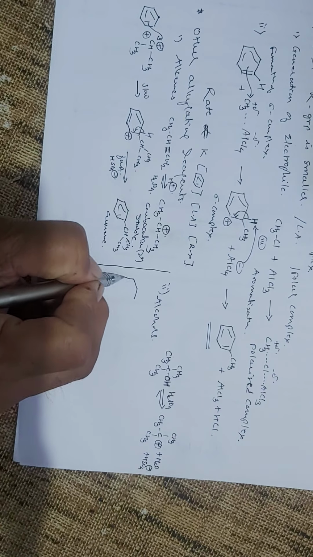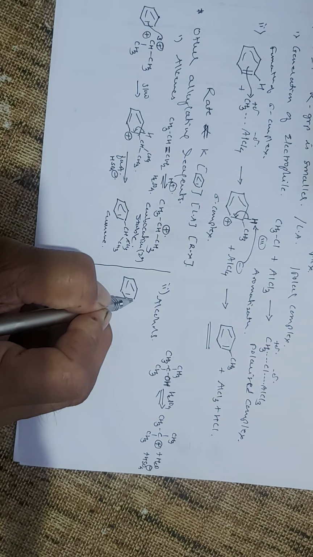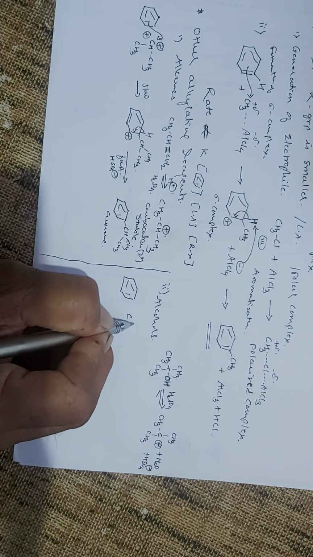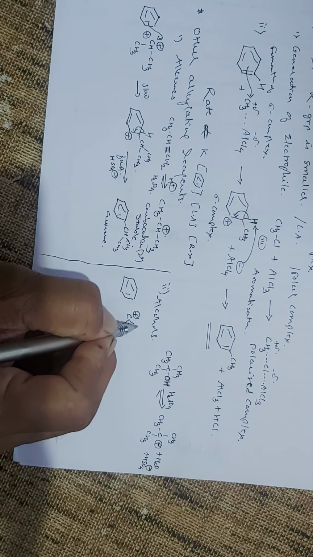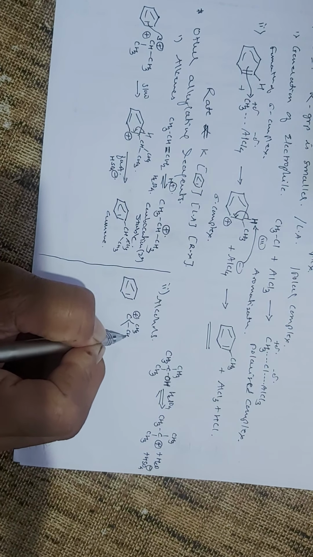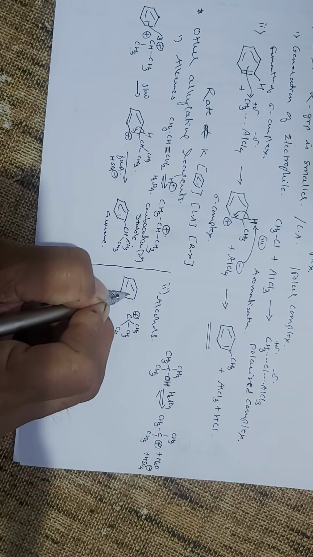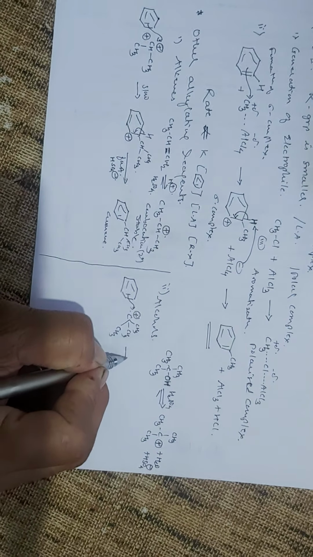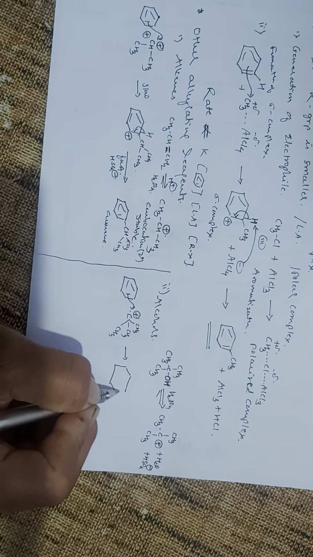This electrophile further reacts with the benzene ring, and this accepts the electron pair and gives you the formation of a carbocation.